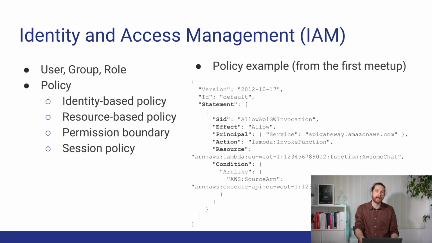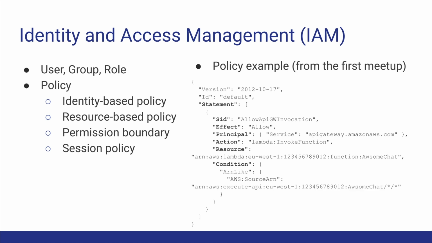And then we can define the resource. This is basically the AWS resource that we give, or that we allow or deny access to. And then we finally have another optional attribute called condition.